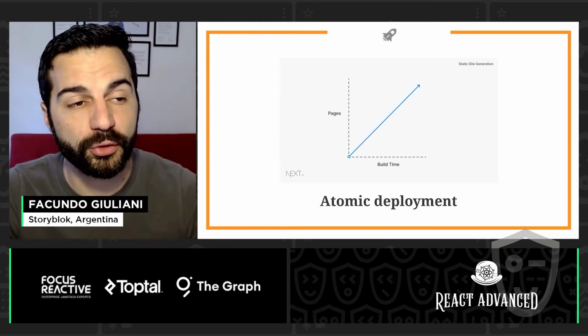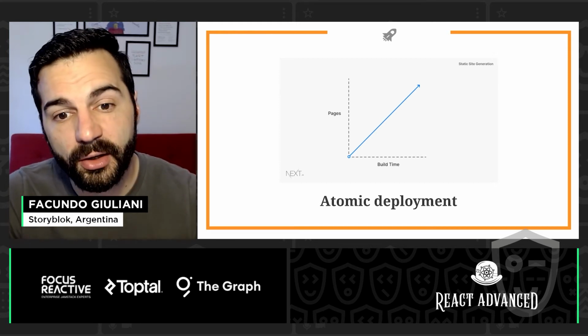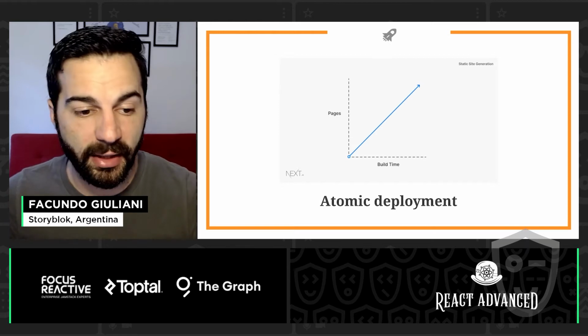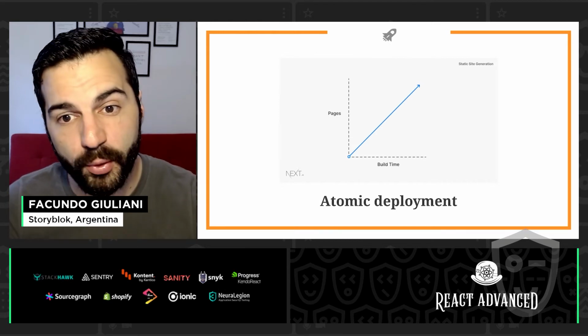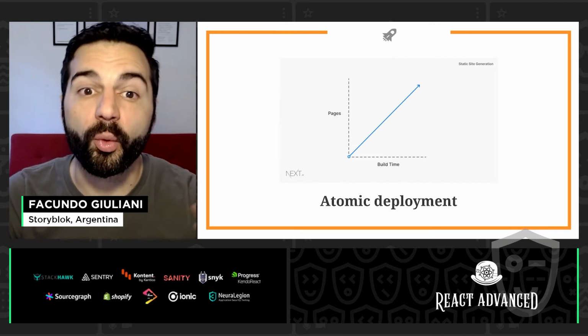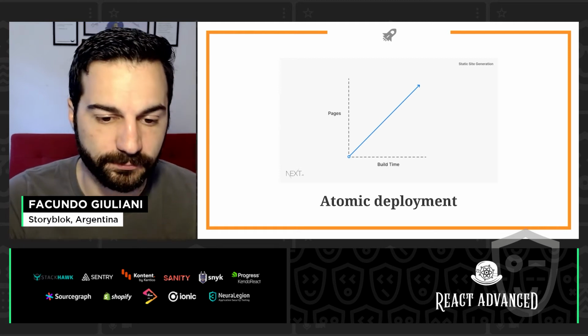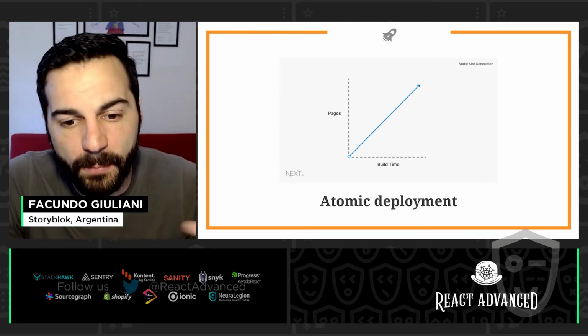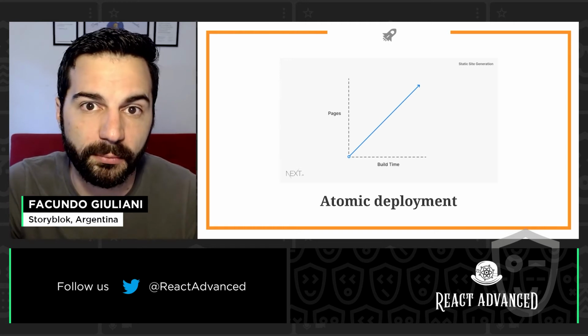We want to have all the pages in sync, so that all the pages we are exposing in our website are from one version. But the build time increasing is a problem.